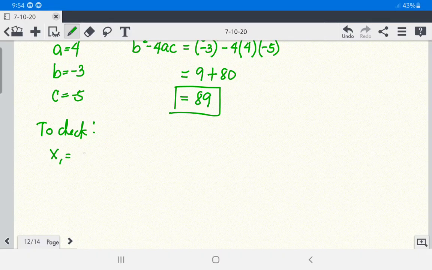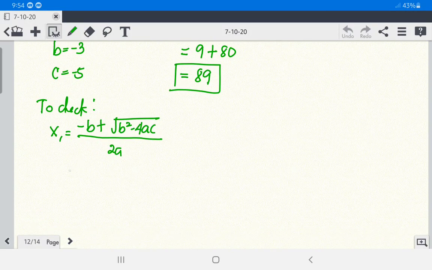We have negative b plus square root of b squared minus 4ac over 2a. Then we have negative of negative 3 plus square root of the value of the discriminant is 89. So we will just write here 89.